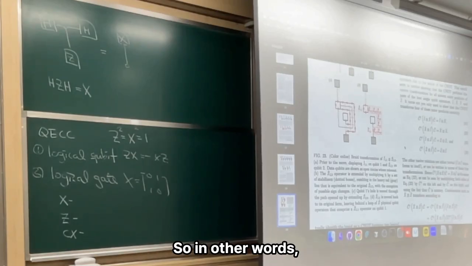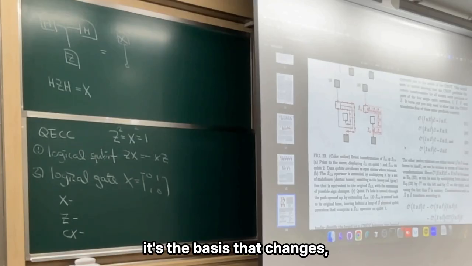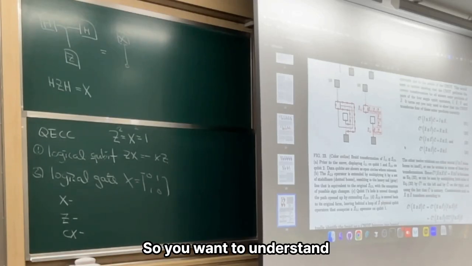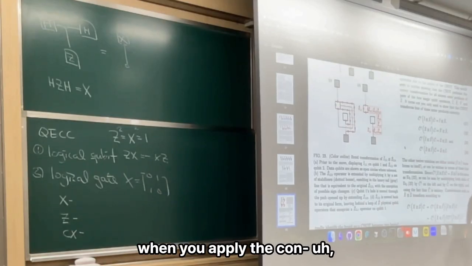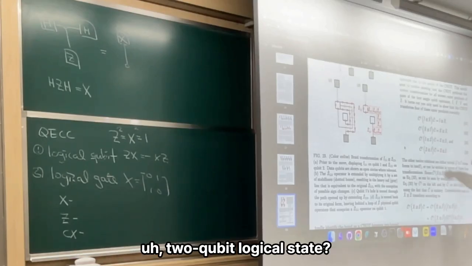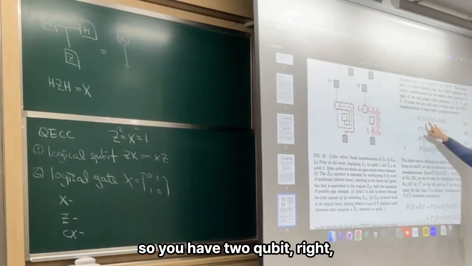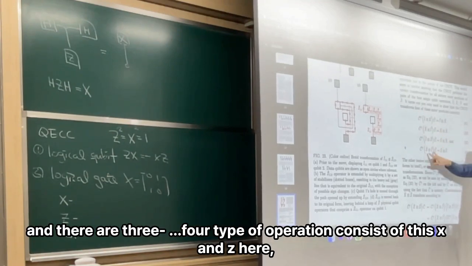So in other words, if you change the quantum state, it's the basis that changes. Your basis of observation is changed. You want to understand how the basis changes when you apply the CNOT gate as an operator on a two-qubit logical state. So you have two qubits, and there are four types of operation, consisting of this X and Z here.